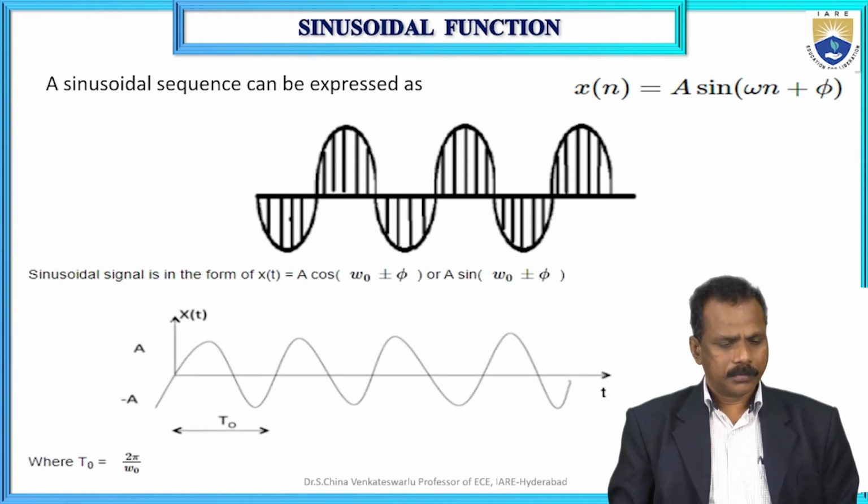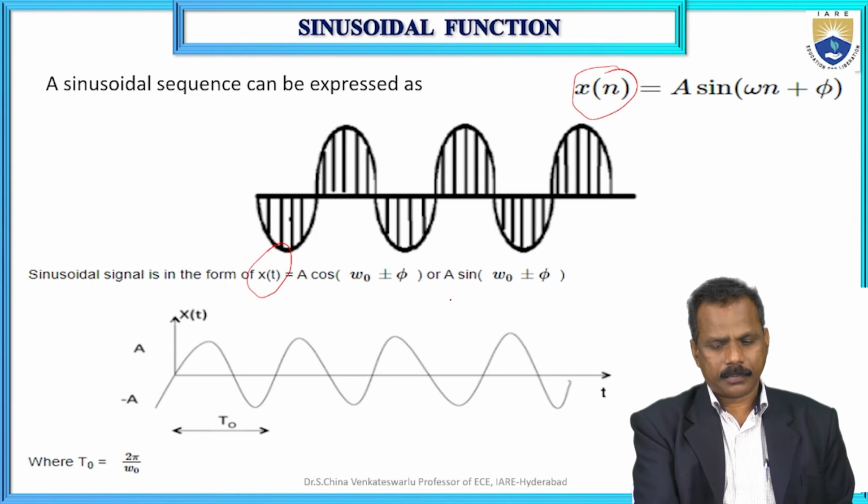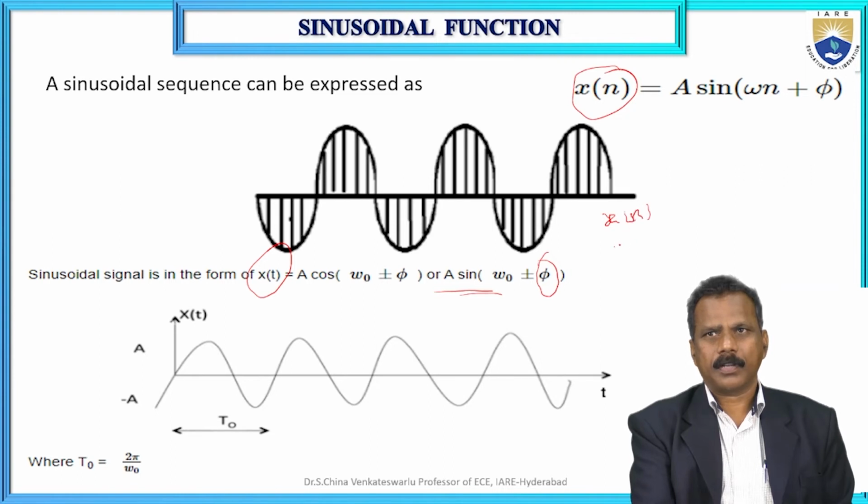So a sinusoidal signal is in the form of x of t. Here it is x of n. Here x of t is equal to a cos of omega naught t plus or minus pi, or we can write a into sine of omega naught t plus or minus pi. So compare this x of n with x of t.